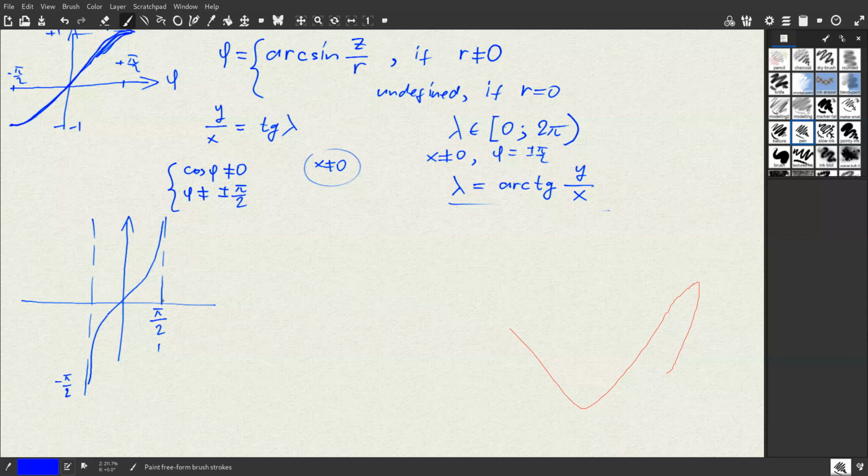So, let us draw our coordinate plane xy. So we are looking from top.